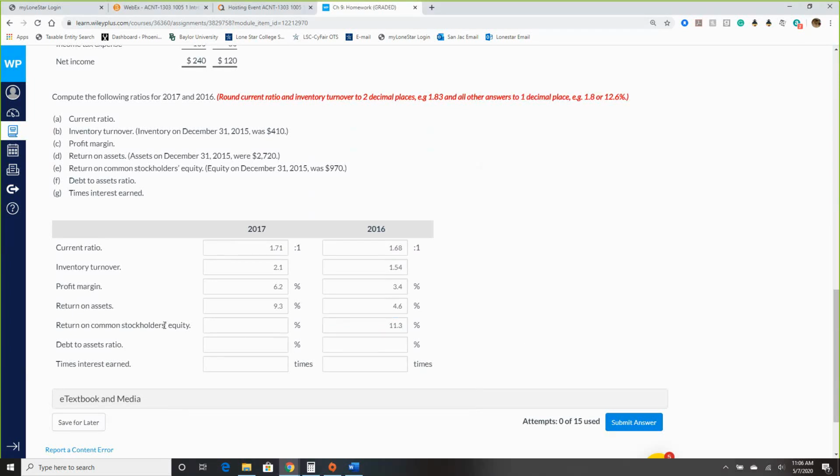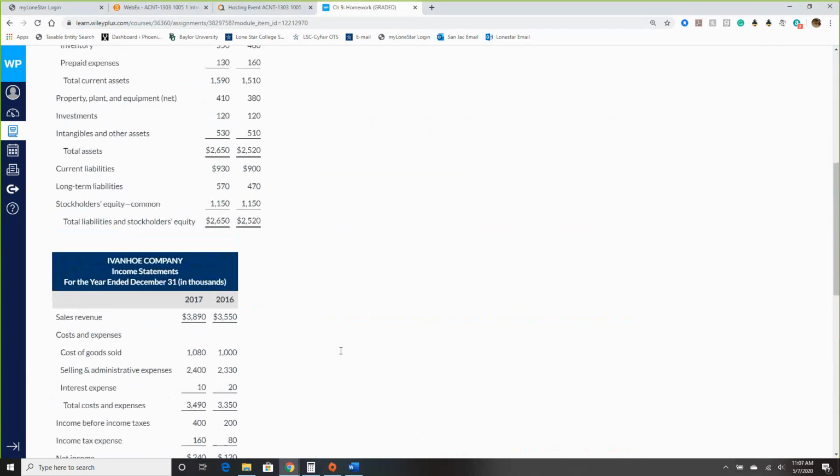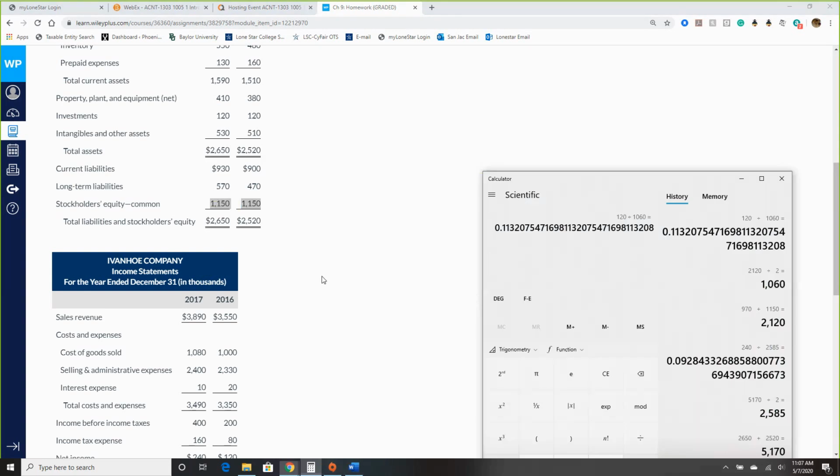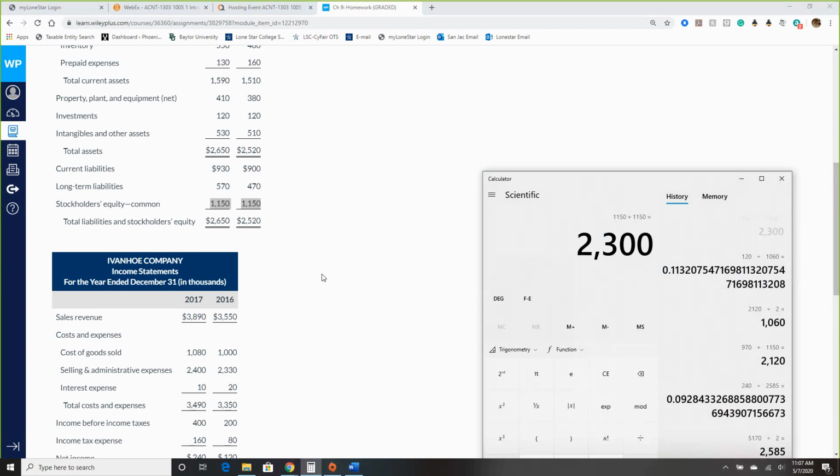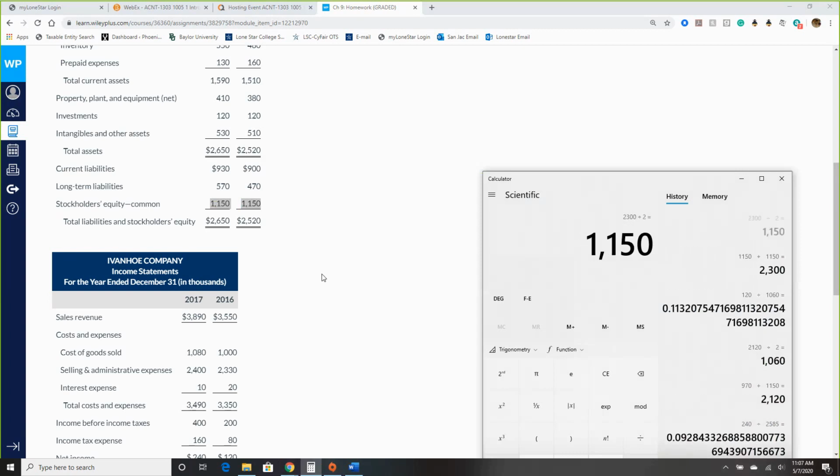Yep. 17. Again, we're just taking the stockholders' equity. We'll add those two and divide by 2. Since they're at the same number, really what's going to come out just the same.